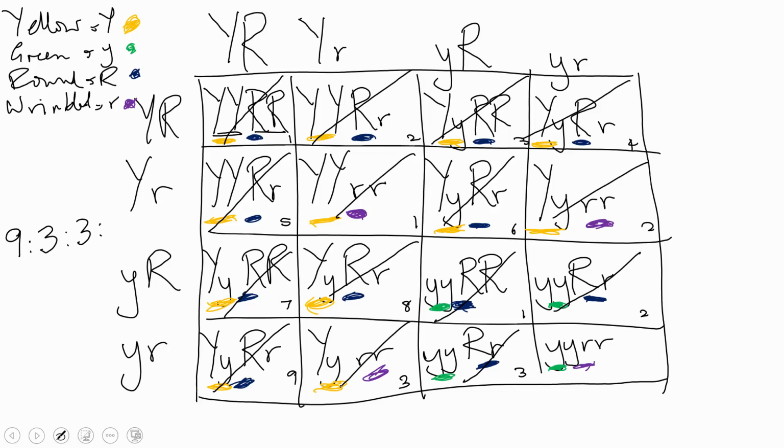Then we have the very last cell, which is just one double recessive cell. So we end up with a ratio of 9:3:3:1, and that is how we come up with a dihybrid cross.